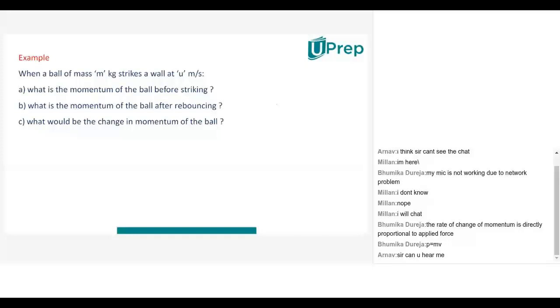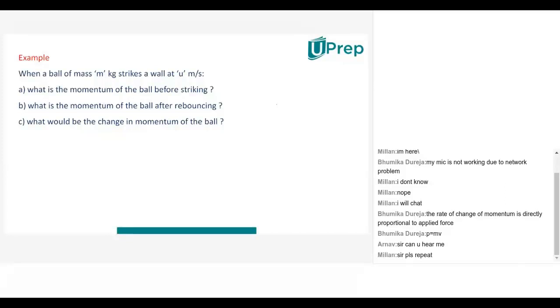Arnav? So maybe mu. Very good. The ball is striking the wall with a velocity of u. And generally, what is the equation for momentum?